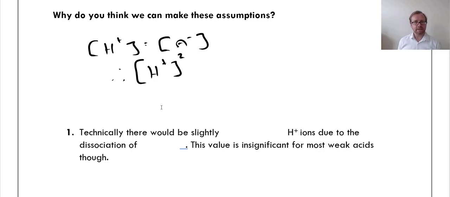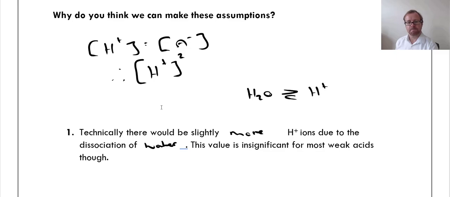Technically it's not true. Technically there will be slightly more H+ ions due to the dissociation of water. But we say this value is insignificant for most weak acids. What I mean is that the acid is dissolved in water, and water will set up this equilibrium, so we will have some extra H+, but this amount is so small that we can just think of it as irrelevant.